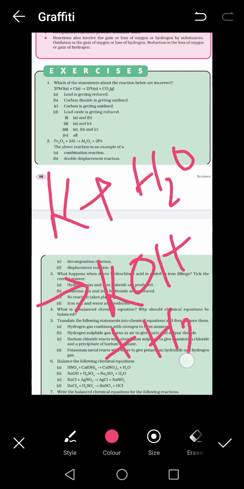So the equation is 2K plus 2H2O, 2 molecules of potassium and 2 molecules of water, forming 2 molecules of potassium hydroxide, and that is it.